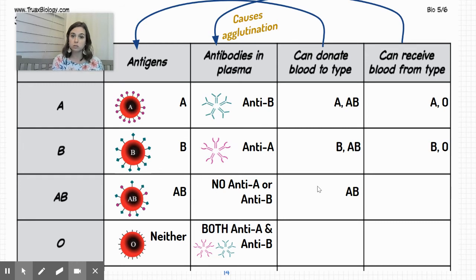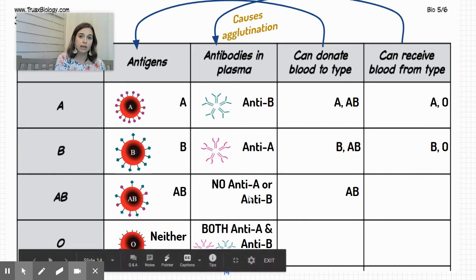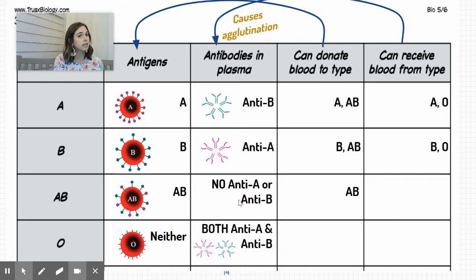However, just because you have a short list of who you can donate to, actually, who they can receive blood from, check this out: no anti-A's, no anti-B's. They're not going to fight any blood type at all. This is why they can take everybody's blood. They can take A, they can take B, they can take AB, they can take O, which makes them the universal recipient.